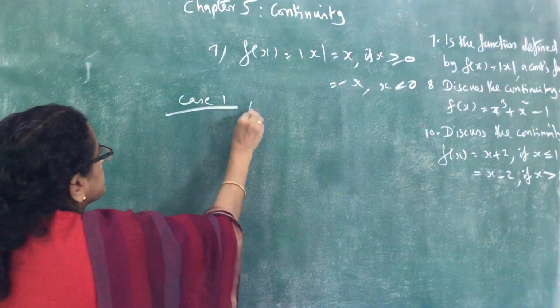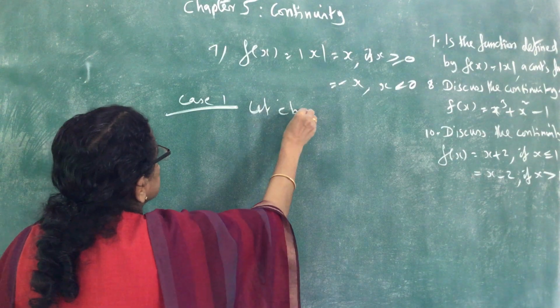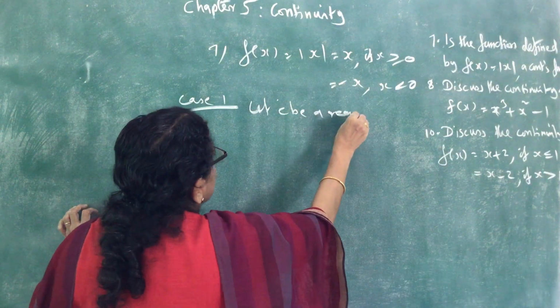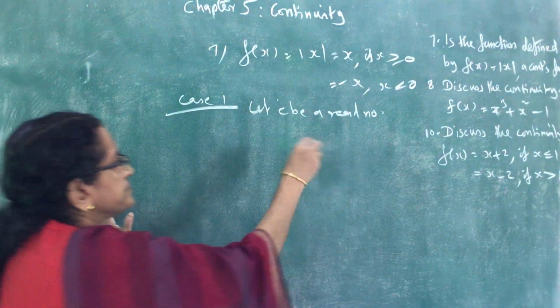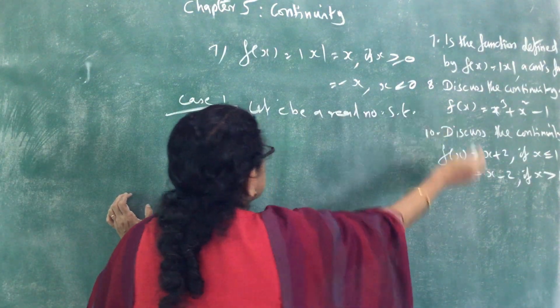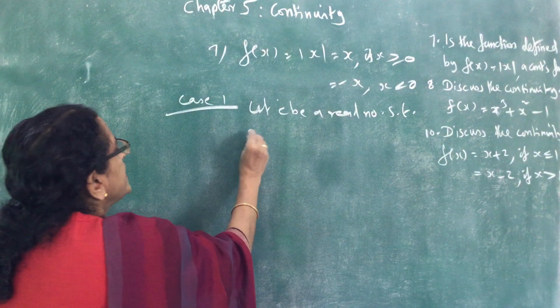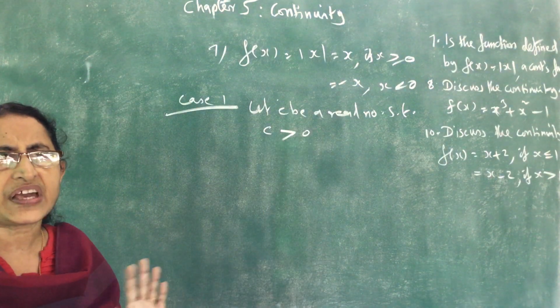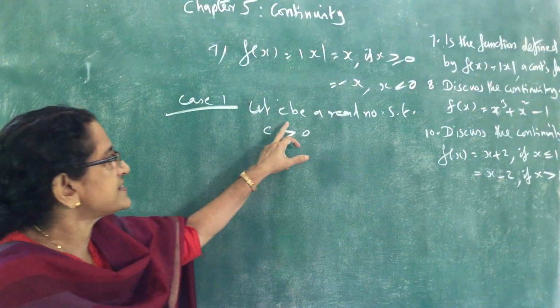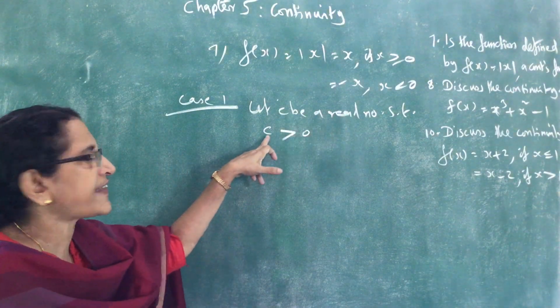Let C be a real number such that C is greater than 0. So C is any real number which is greater than 0.